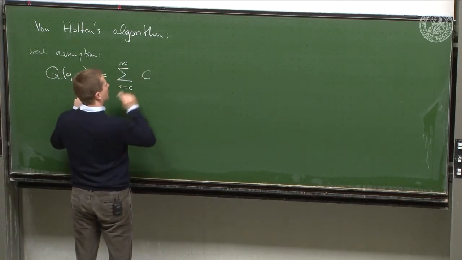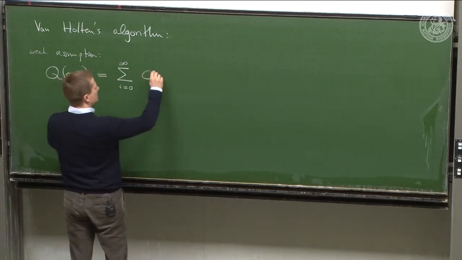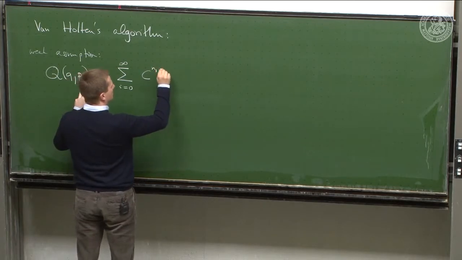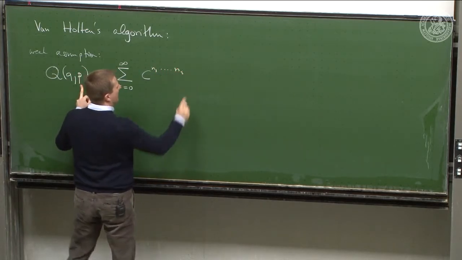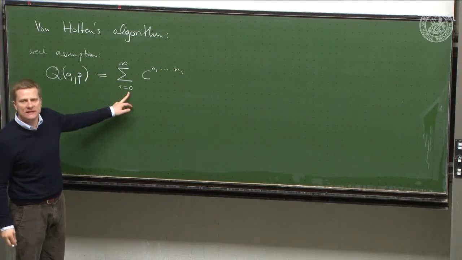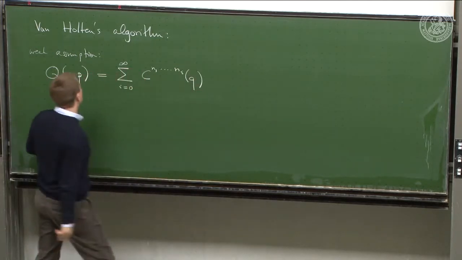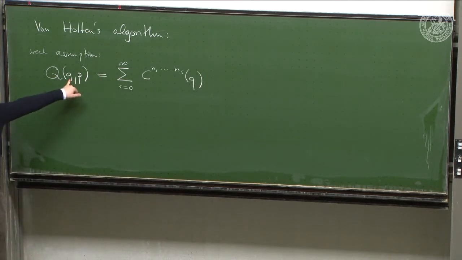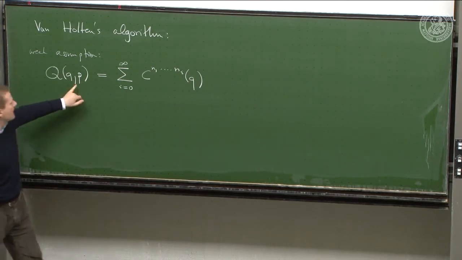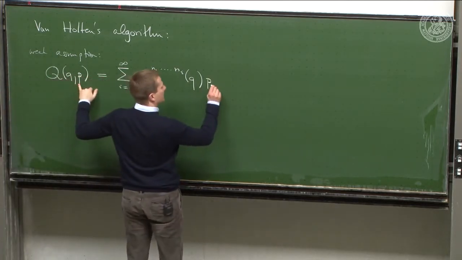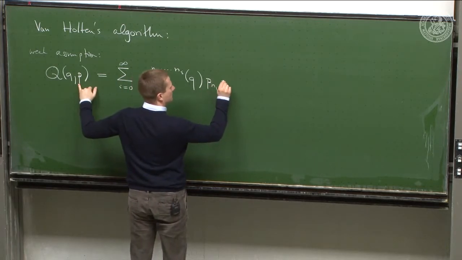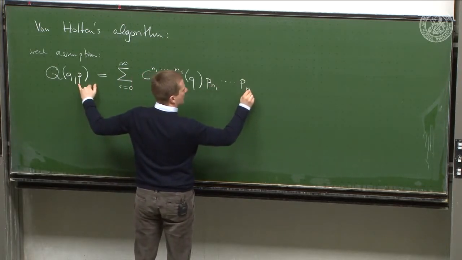So if you have coefficients C, capital C, with indices n1 up to ni, so it may carry no index, of coefficients that depend only on the position q, because we're still in the setting where the symplectic manifold is the cotangent bundle of some capital Q. And here you have the p's, Pn1 up to Pni.